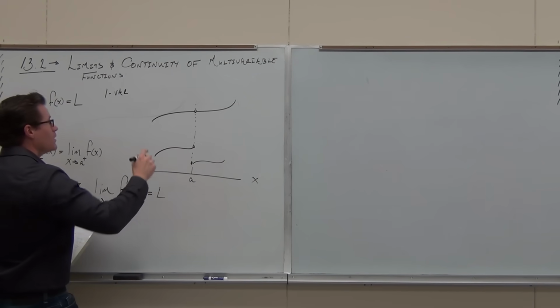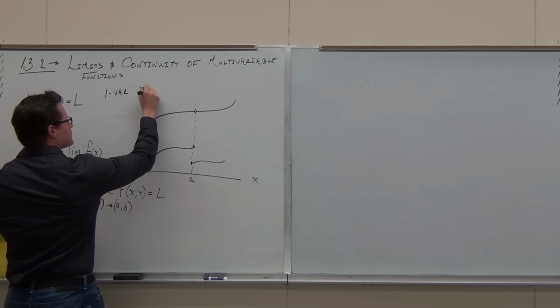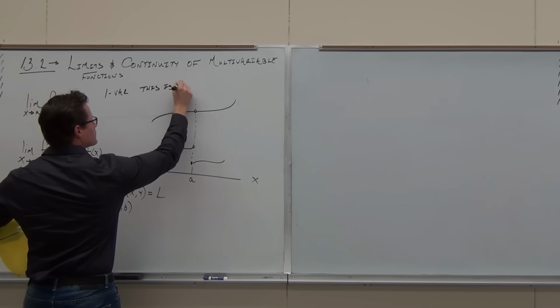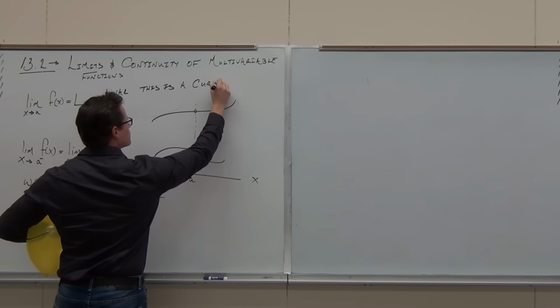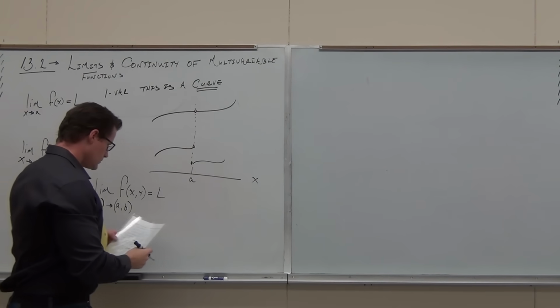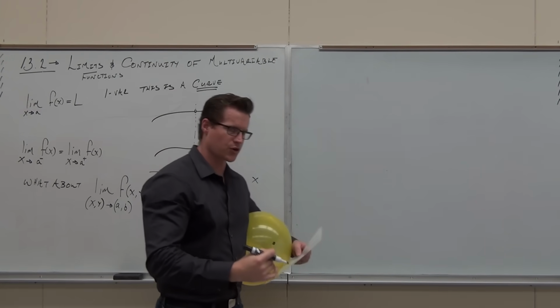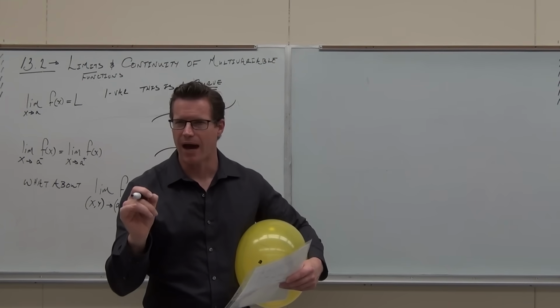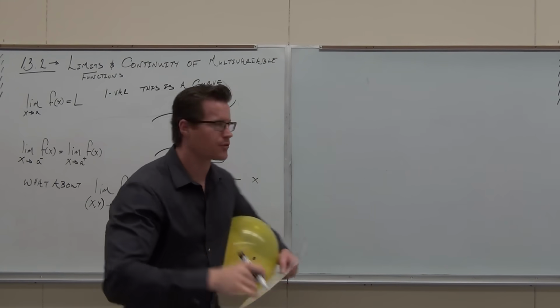For one variable, this is a curve. It's a certain path. There's only one path.